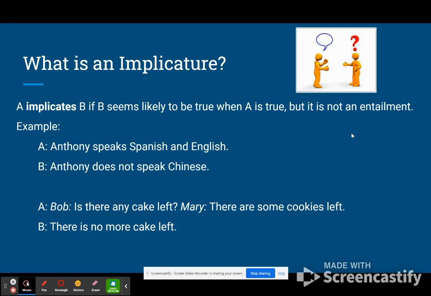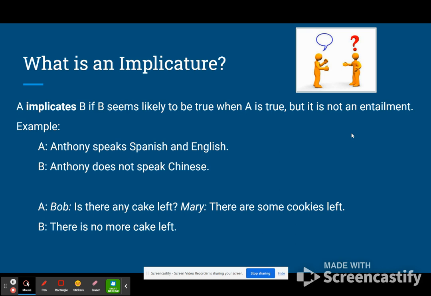What is an implicature? An implicature is kind of a fancy word for saying implication, and we say that sentence A implicates sentence B if sentence B seems likely to be true when A is true, but it is not an entailment. So here are two examples. If sentence A is, "Anthony speaks Spanish and English," and sentence B is, "Anthony does not speak Chinese," we see that there isn't necessarily an entailment here.